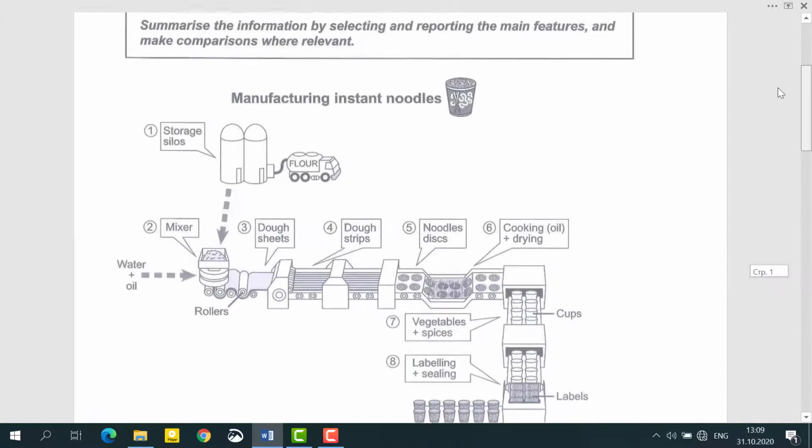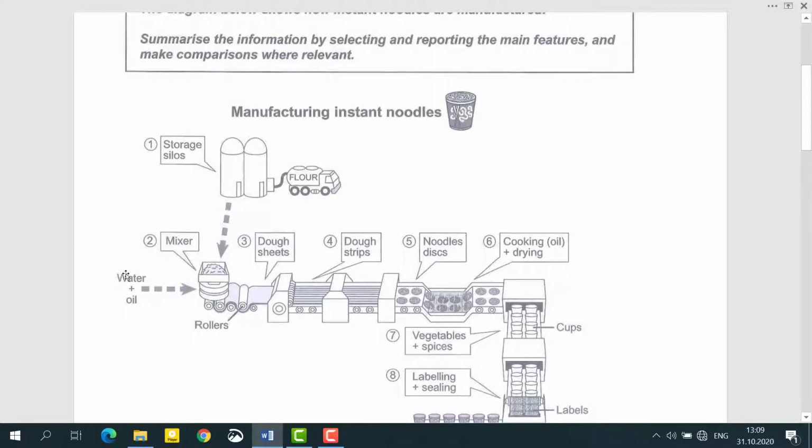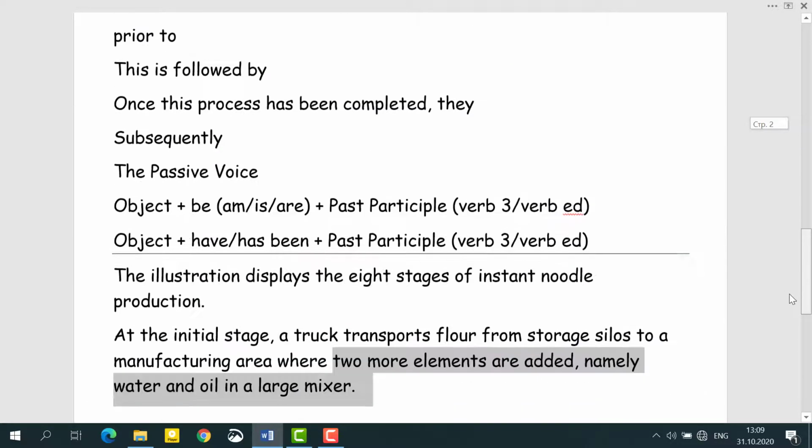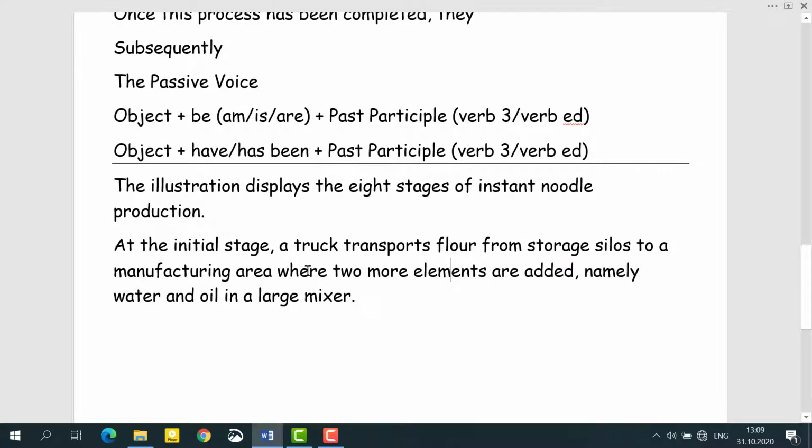If you look at this carefully, we have water and oil, right? And then we have a mixer. Therefore, I'm being very specific here. Where two more elements are added, and here, namely means now I want to be more specific. I want to provide the exact information, water and oil, in a large mixer. Remember, you need to use the word namely, not named, but namely. And it's very important to use a comma here.